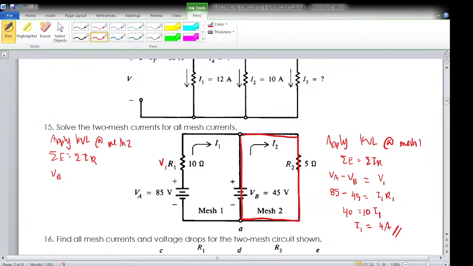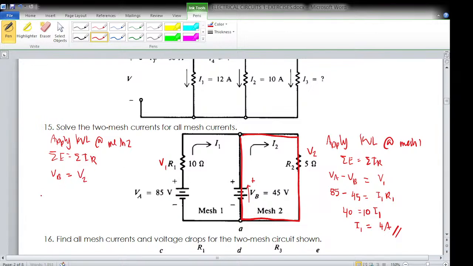Why is V sub B positive? Earlier it was negative, right? Why is it now positive? Voltage rise, ma'am. Okay, it's because of voltage rise. When the current flows in here, it is a voltage rise, so it is positive. How about our voltage drop? Let's name this V sub 2.